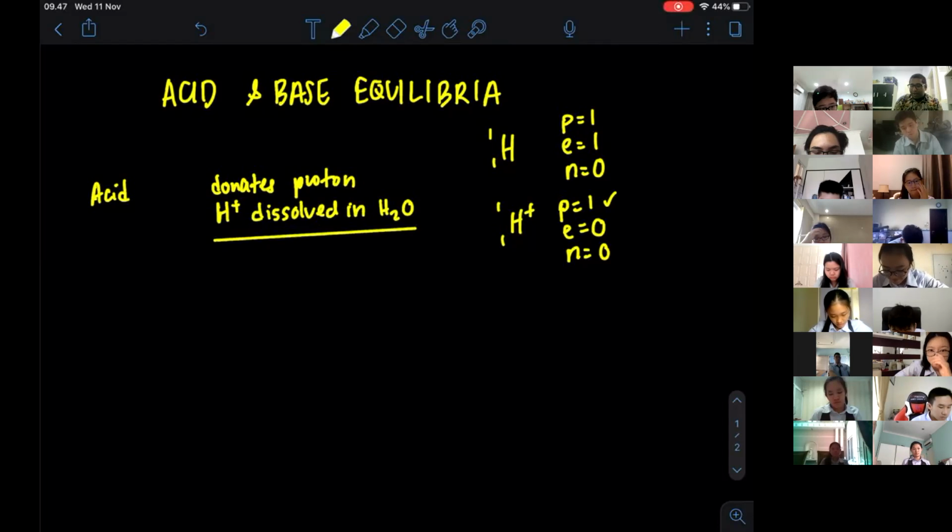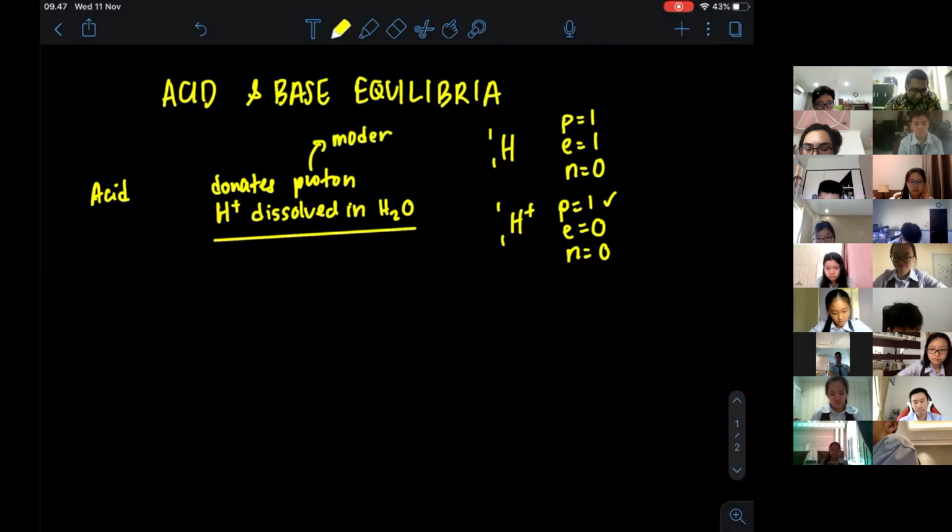But what Josh mentioned just now, the donating proton, is more towards the modern definition, which is more accurate. Okay, donates proton, but not only in aqueous. It can be donating proton in any condition, not necessarily must have water.